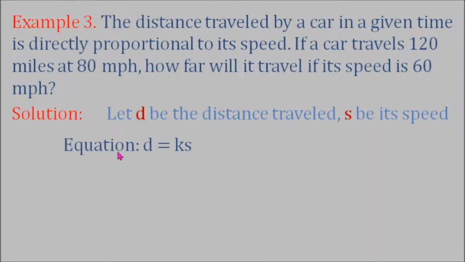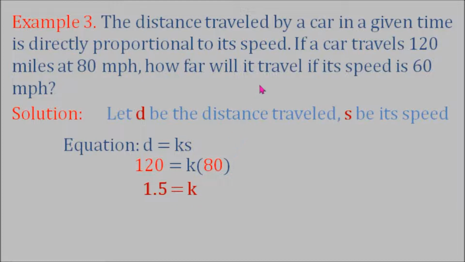So this is our equation, d equals k times s. D here is 120 and our s, or speed, is 80, so 120 equals k times 80. Dividing both sides by 80, k equals 1.5.